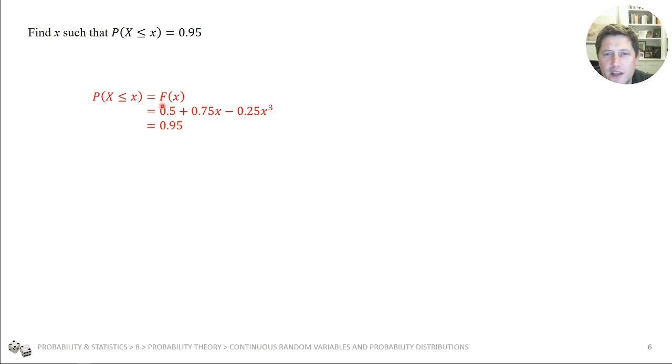So we want to say, well, our cumulative distribution function is this. What value are we 95% sure it would be less than? Okay, so the cumulative distribution function equals 0.95, and what value of x corresponds to that? So we can rearrange that equation and find that x is equal to 0.73.